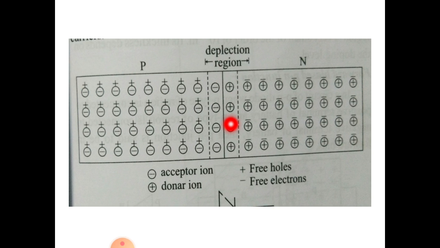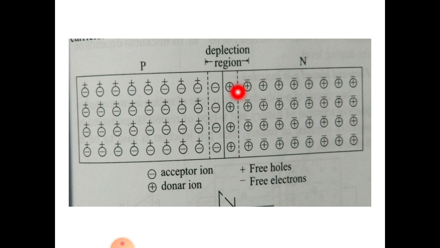So these donor and acceptor ions get fixed near the junction. There becomes a layer of these immobile donor and acceptor ions.